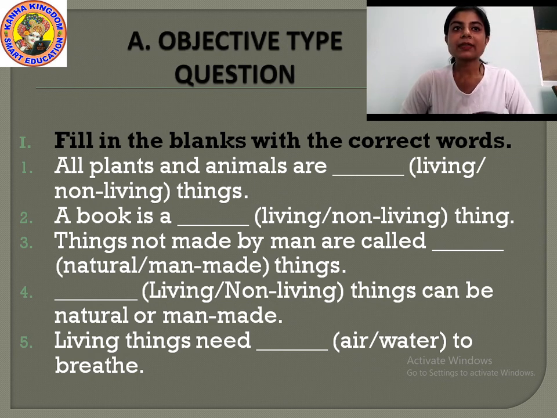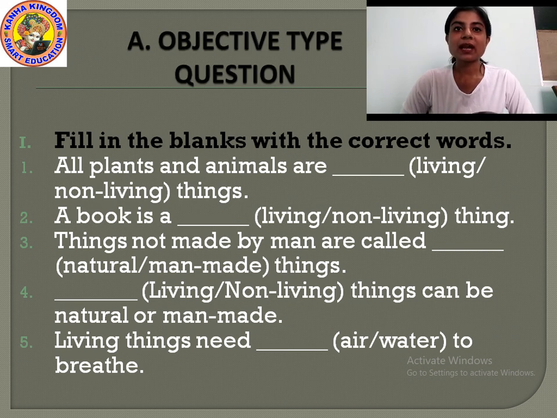Number 3. Things made by man are called dash, man-made things. M-A-N-M-A-D-E, man-made things. The answer is man-made.